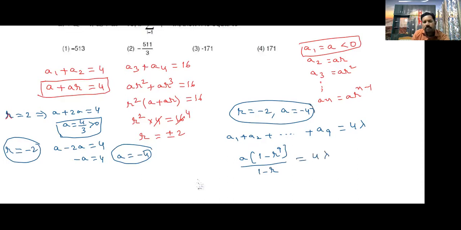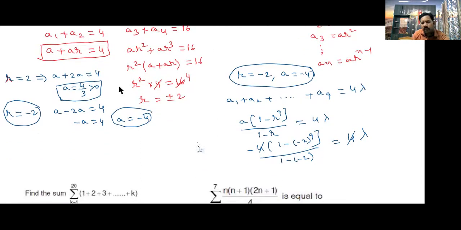Now substitute those values: minus 4 into 1 minus minus 2 whole power 9, divided by 1 minus of minus 2, that is equal to 4 lambda. Here 4 4 cancel. Remaining, calculate that. We get minus 171, that is equal to lambda.